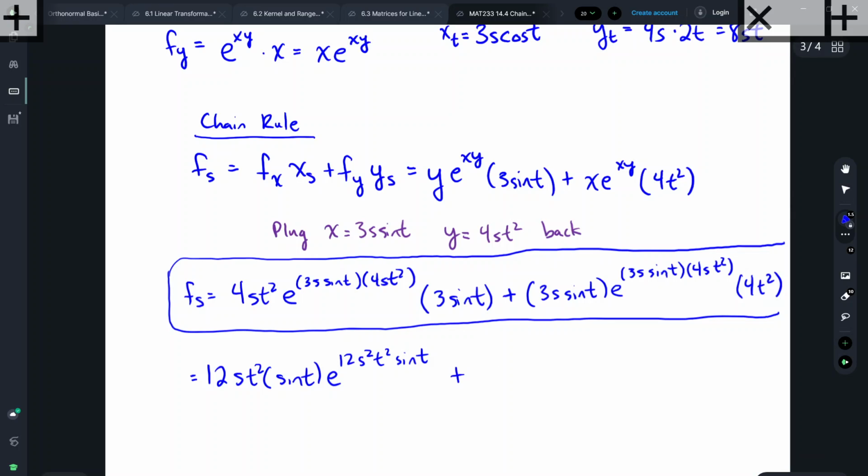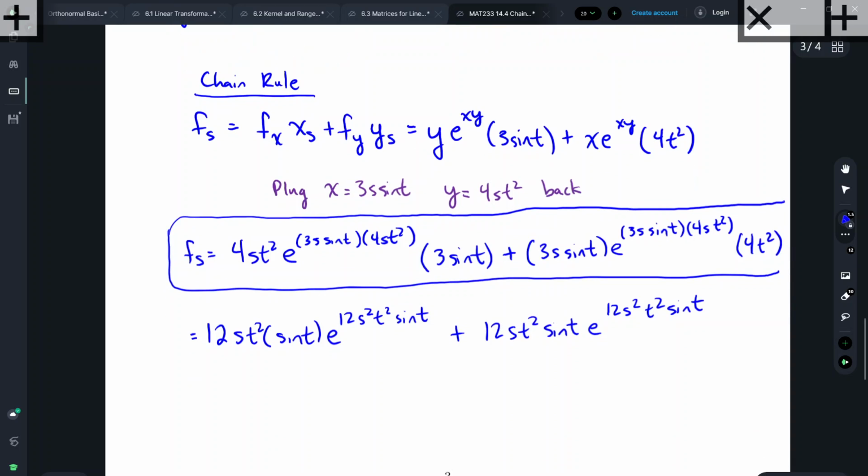So that's the first term, and then the second term, again I multiply this and this, so you get 12 st squared sine t, and then exponential, so just multiplying that out, you get 12 s squared t squared sine t.